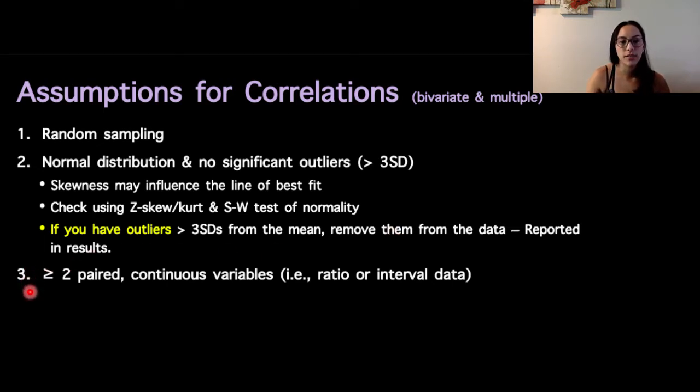The other assumption that we need to have is what types of variables we're working with. So you need at least 2 variables to run a correlation. That's our bivariate correlation. You could have more than 2, so that's why I just put greater than or equal to 2. They need to be continuous variables, meaning that they're on some scale of ratio or interval data.